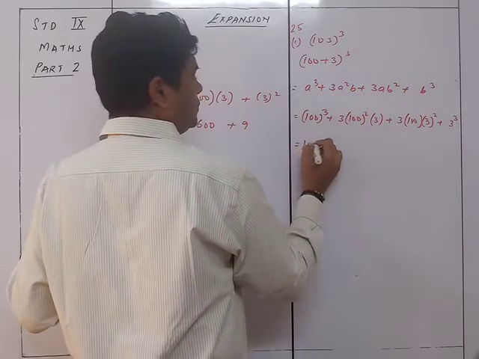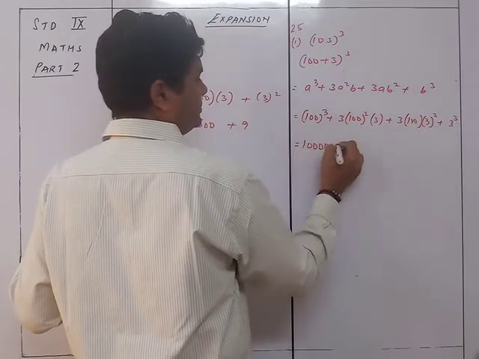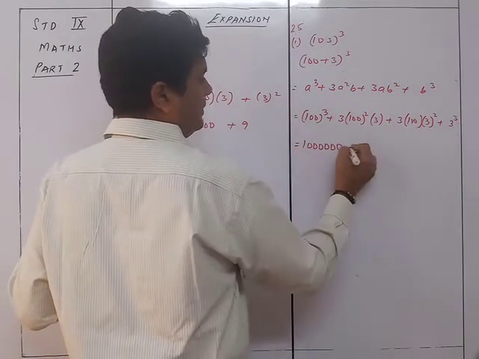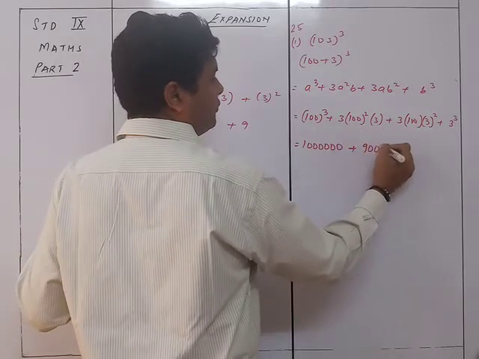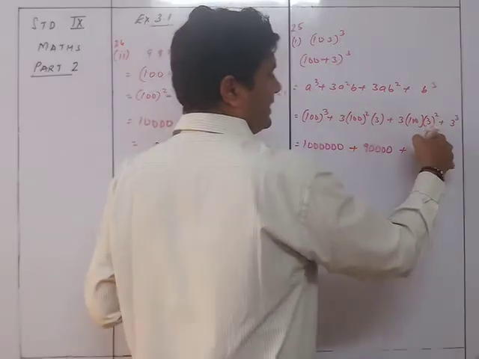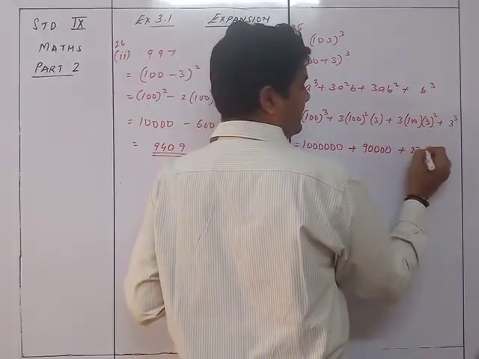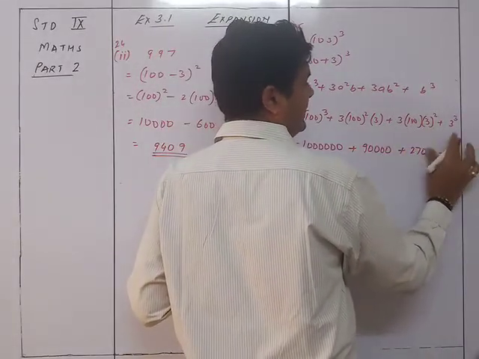That is 1, 2, 3, 4, 5, 6 plus 3 3 are 9, 9 1, 2, 3, 4 plus 3 3 are 9, 9 3 are 27, 27 plus 27.